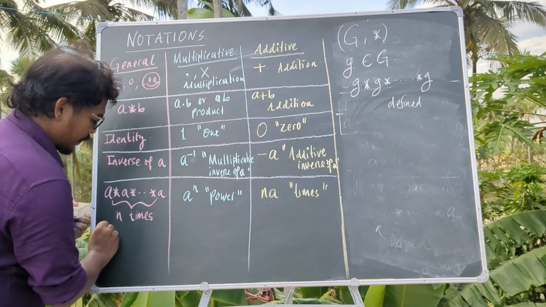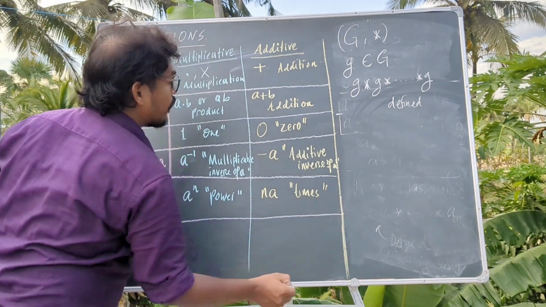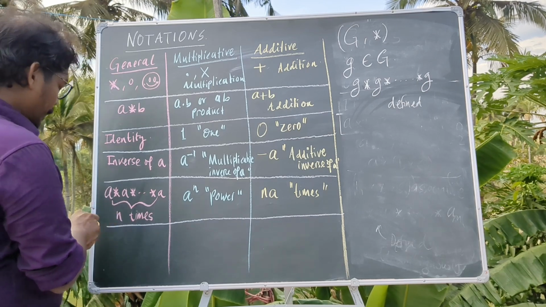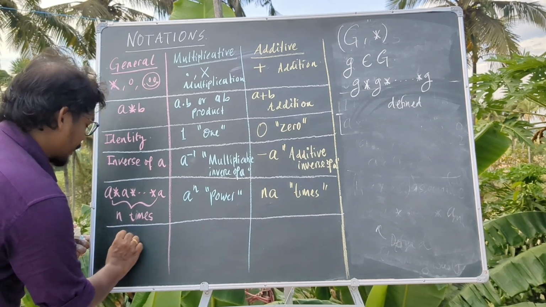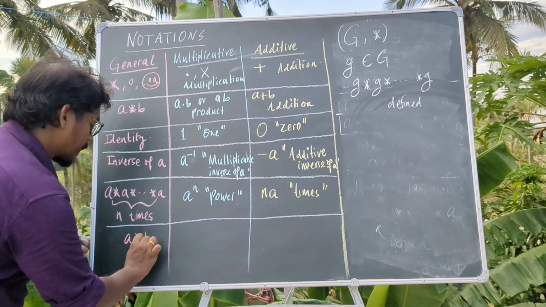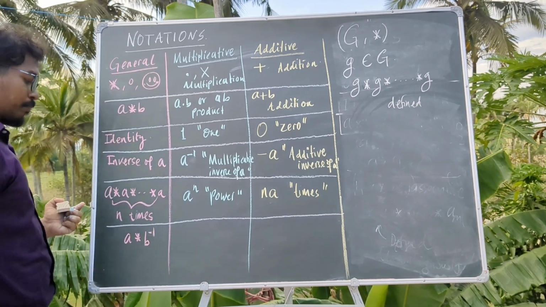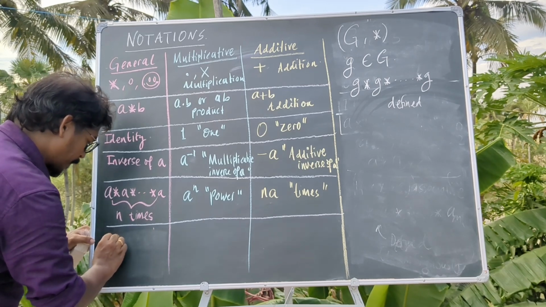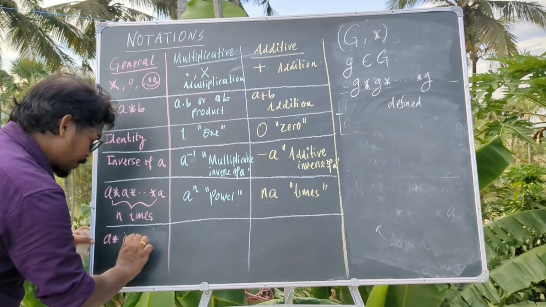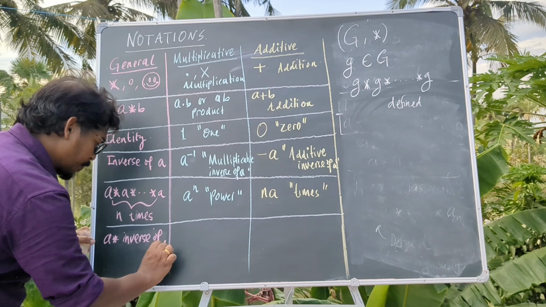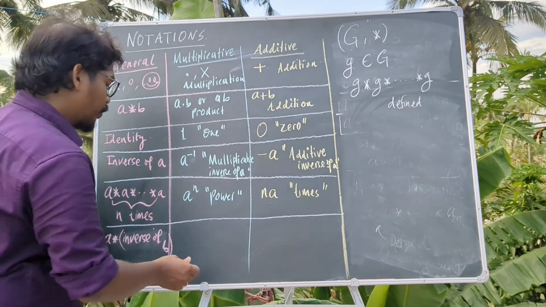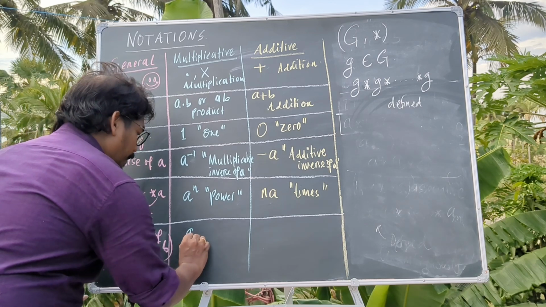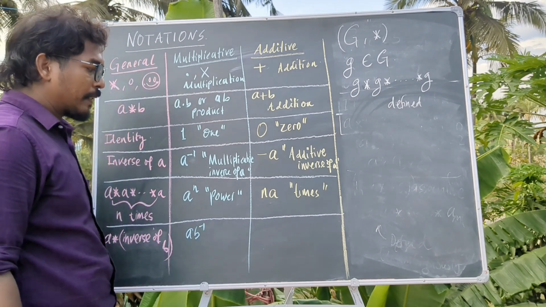Next we have, suppose we have A star B inverse. I will write here A star inverse of B. Here you only have to write A B inverse.